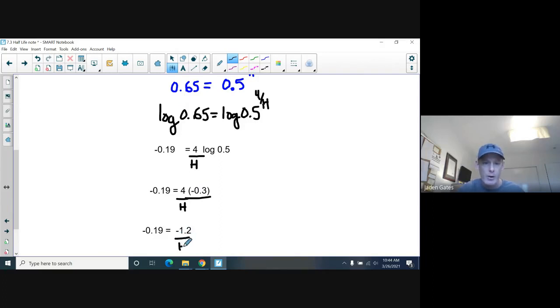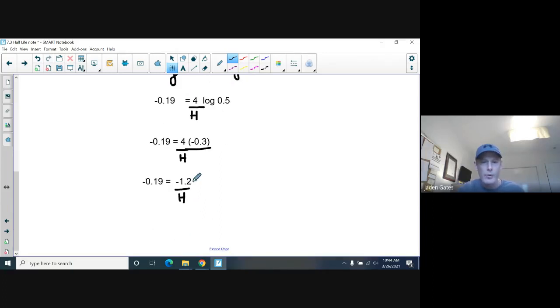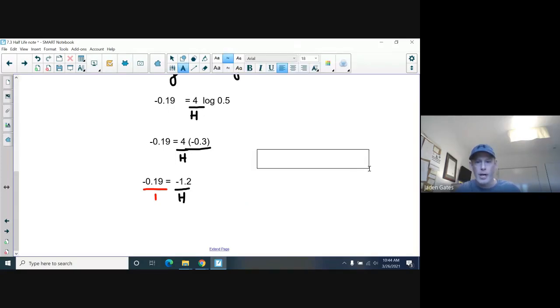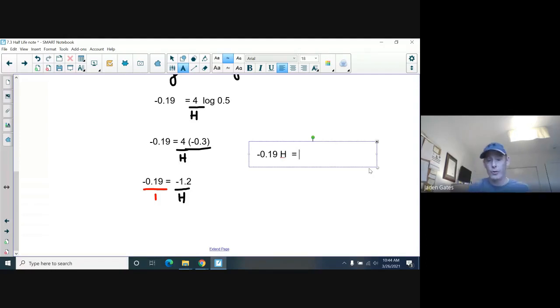Now I have a number equaling a fraction. So again, create a fraction equaling a fraction so that I can cross multiply. I'm going to have negative 0.19 times H equal to 1 times negative 1.2, which is negative 1.2.